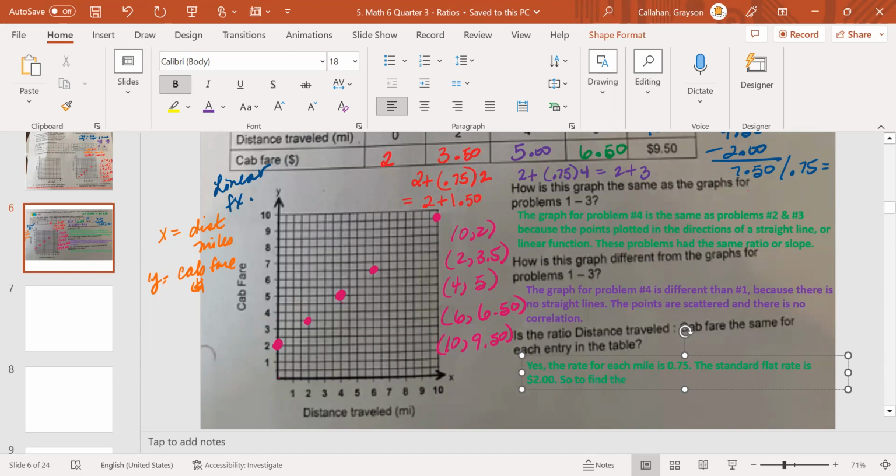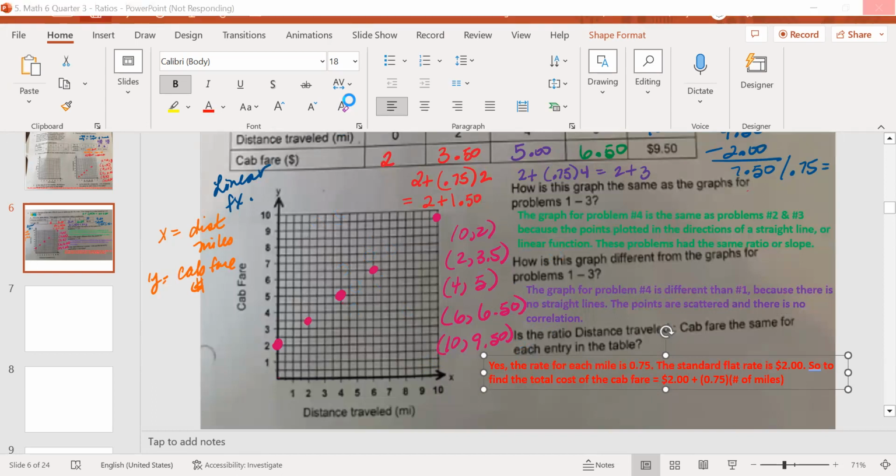So to find the total cost of the cab fare, it will equal $2, which is a standard rate, plus the 0.75 times the number of miles. Okay. And then there you go. This is everything that you need. Okay. And that concludes everything that you need to know for this assignment. All right.